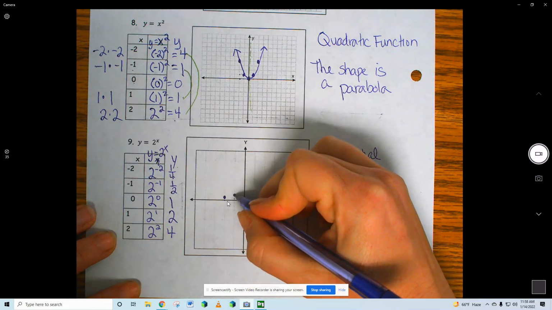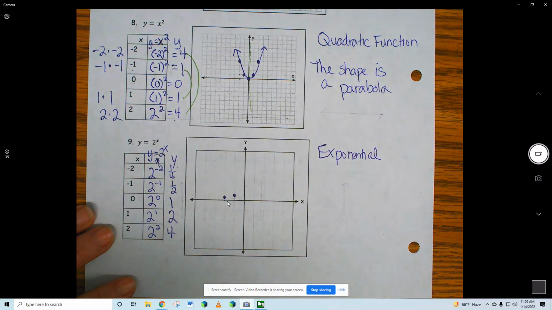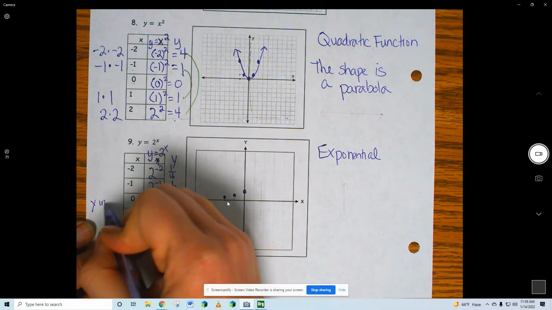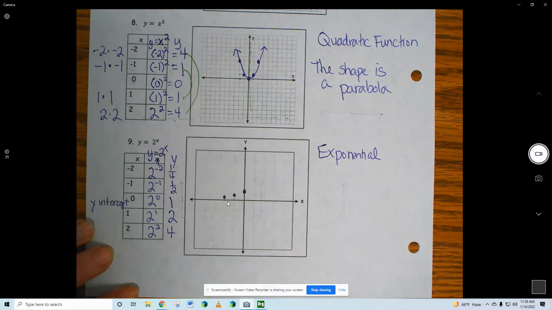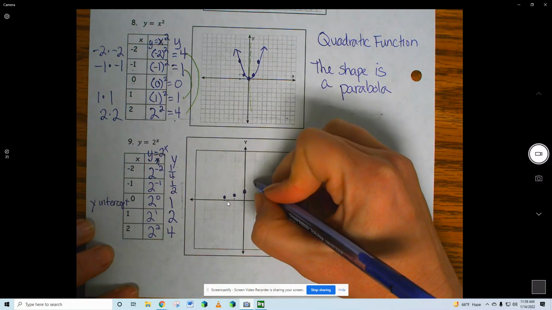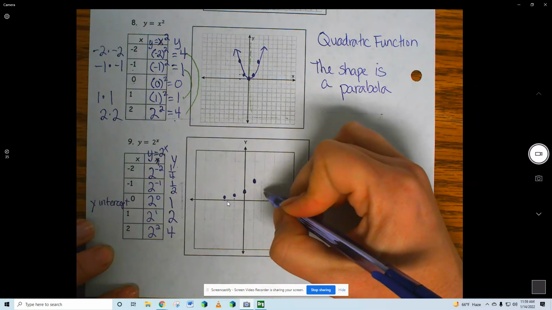That's halfway in the box. That's a little bit higher. 0, 1. That's my y-intercept. One, 2. And then over 2 up 4.